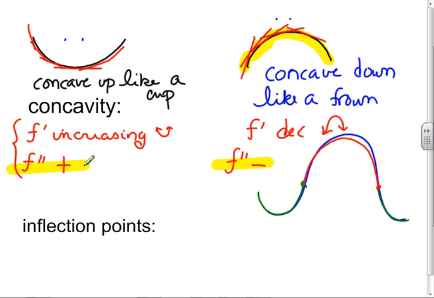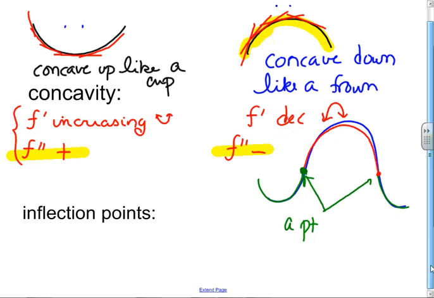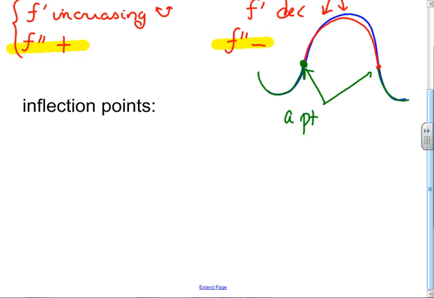Inflection points. Where the concavity changes, those are called inflection points. It's a single point. It's a point where the concavity changes. But that's not proof.